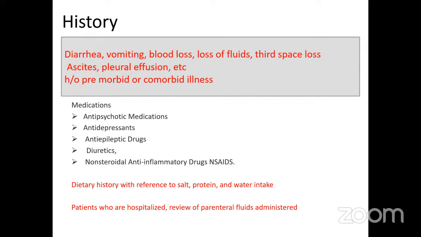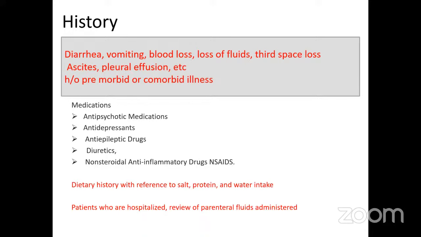So we should take a detailed history with reference to the salt intake, the protein intake, and water intake of patients. Because in psychogenic polydipsia, the patient takes around 10 to 12 liters of water. So we should take a good history to find out if anything is wrong with the intake of water, intake of protein in the diet, and how much salt the patient is taking.